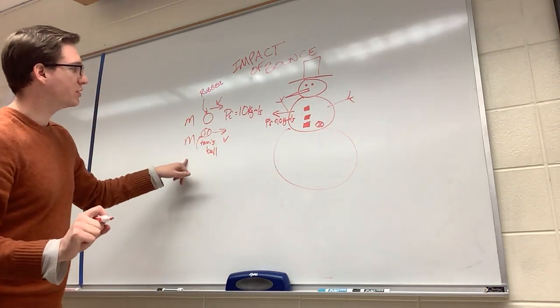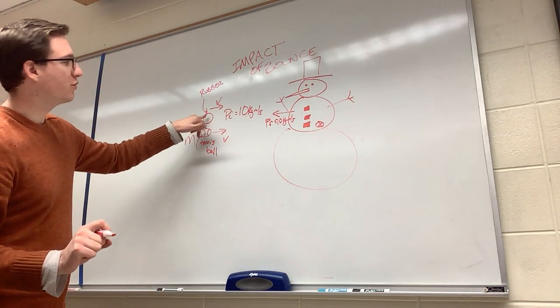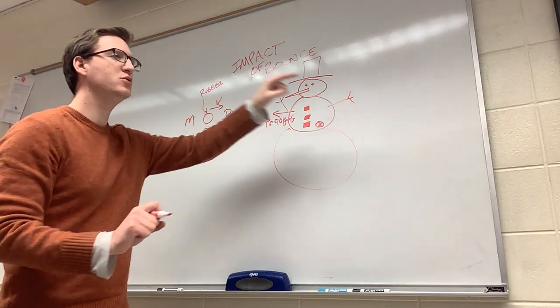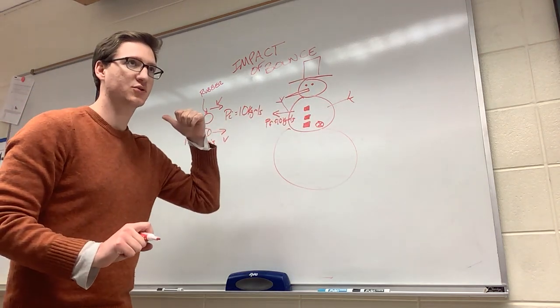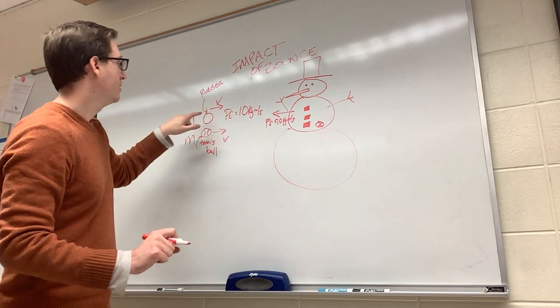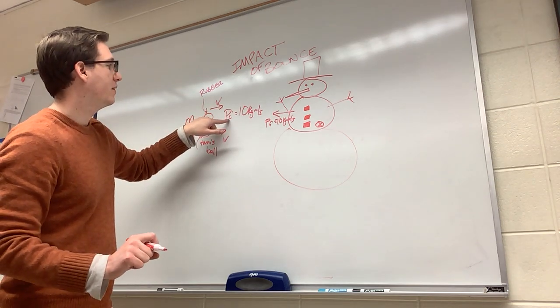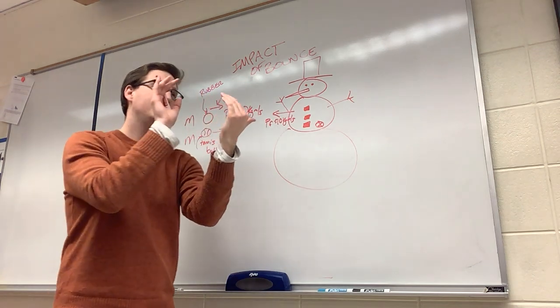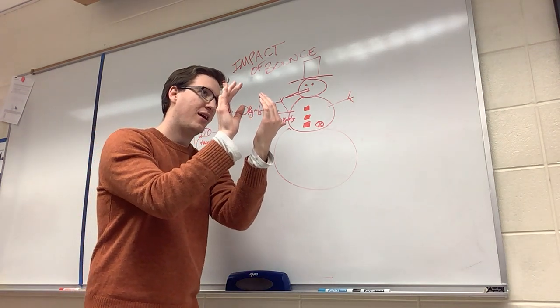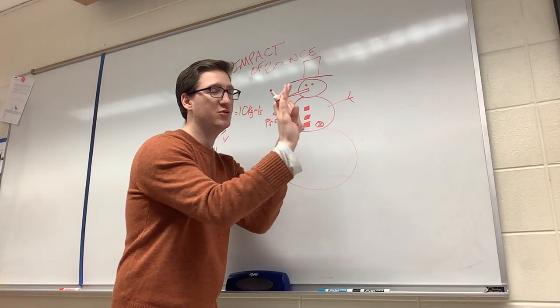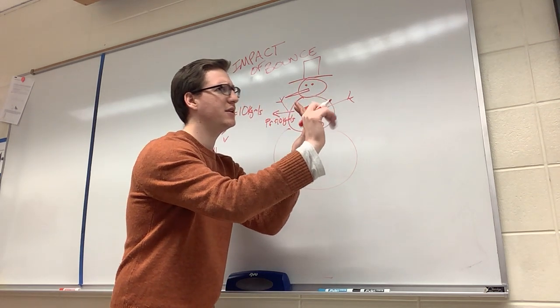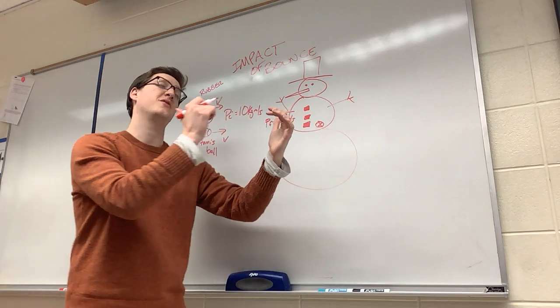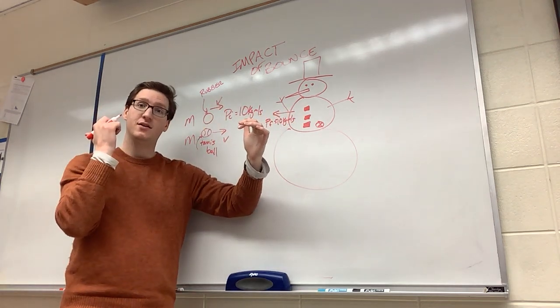But in order for the rubber ball to go from moving to moving the opposite direction, it's going to touch the surface of the snowman. It's going to go 10, 9, 8, down through 0, negative 1, negative 2, and on down to negative 10.